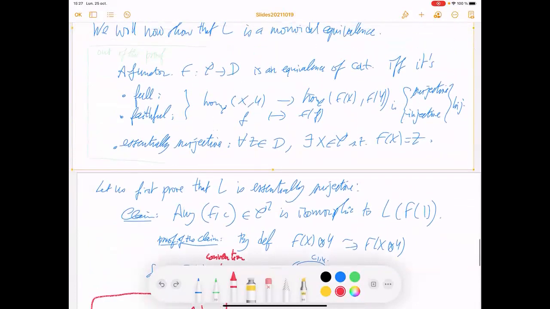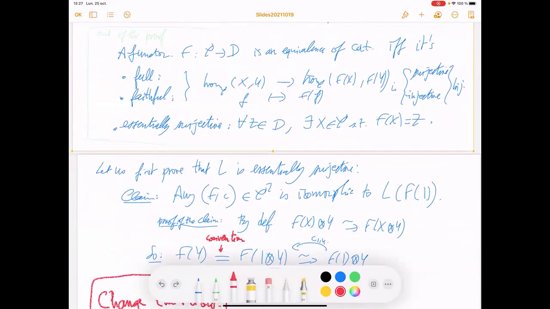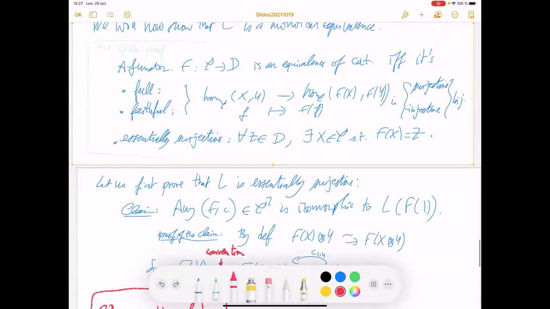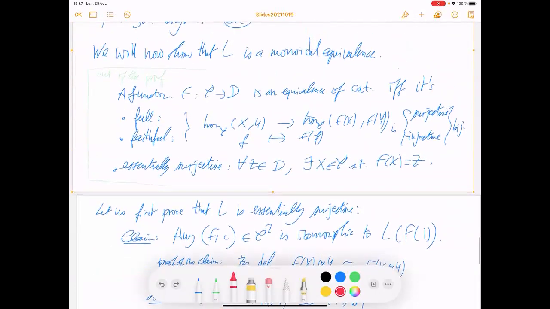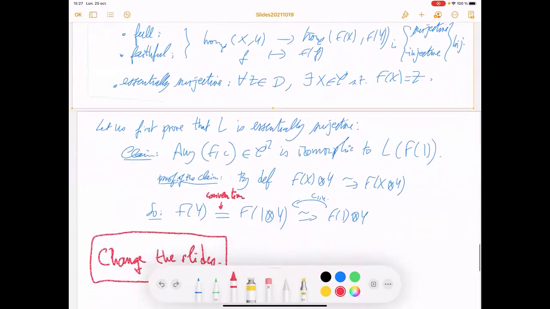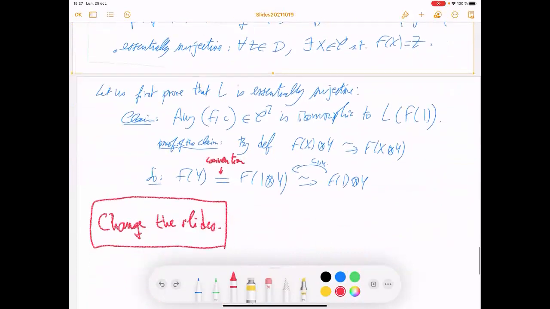So we can restart from here. We will first prove that the functor is essentially surjective.